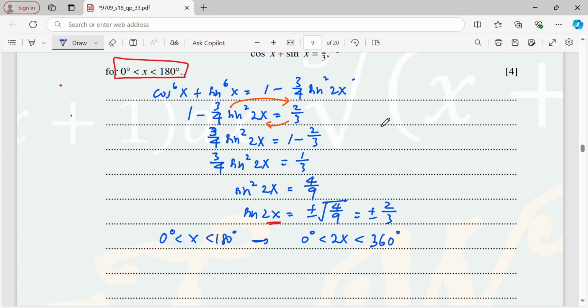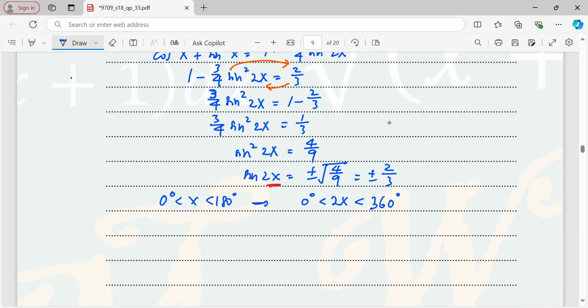Okay, so now I will draw the quadrant. So since your sign will be plus and minus, that means you have to consider all 4 quadrants. Now I will get the basic angle. Basic angle is basically at sine 2 over 3. Ignore the plus minus. I don't consider the minus because the minus is basically the quadrant, right?